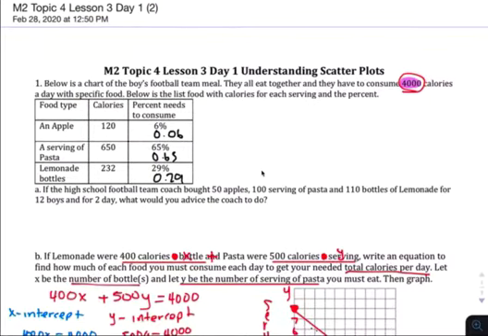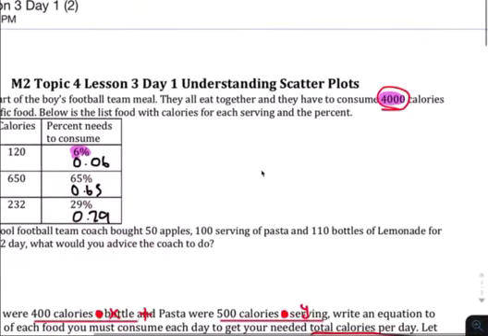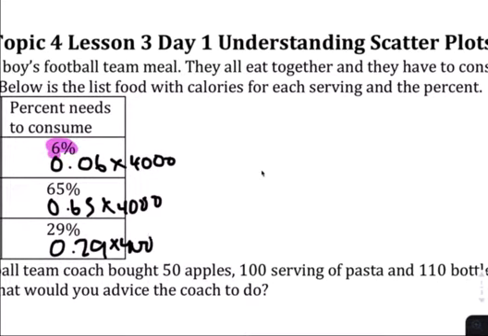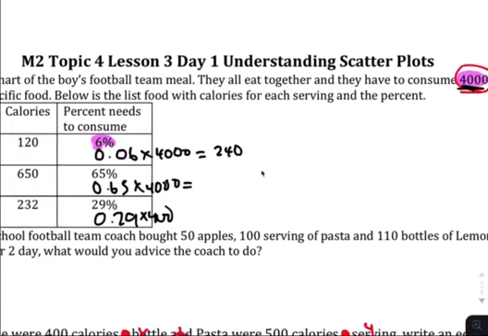Homework. Anytime you have a percent, you need to make it into a decimal and then times it by something, in this case the 4,000. Okay, make sure you do that. This gets you that. This gets you, let's see, 2,600, and this gets you, I think, something like 60.